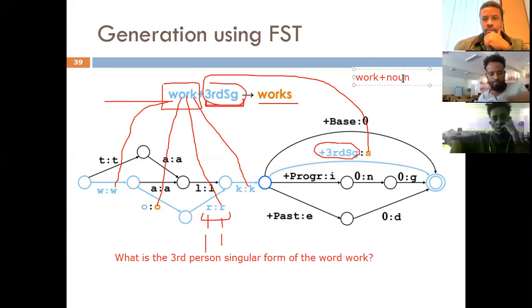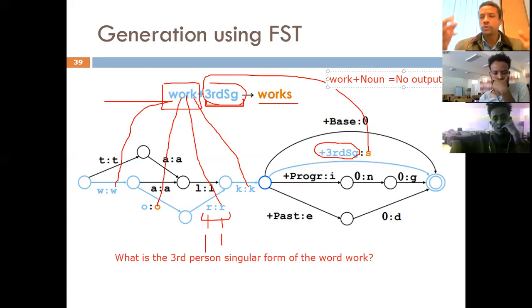So I think first person singular. No. This is what I gave, Martha. I said work, then noun, instead of third person singular. It takes the base. Why does it take it? There's no base here. Okay. So this will give you no output. Because your finite state model doesn't represent any noun. There is no knowledge about a noun.